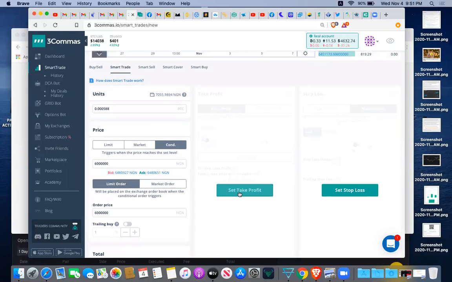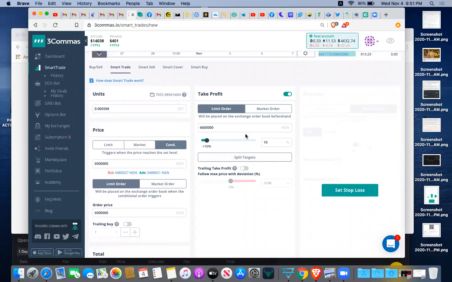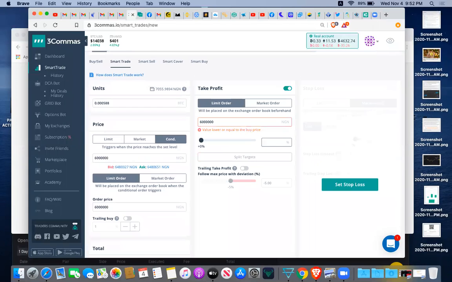Take profit. I go to take profit. So at what percentage do I want to take profit? By 10% is 6.6 million. So I may say first 8%. Okay, volume too low.